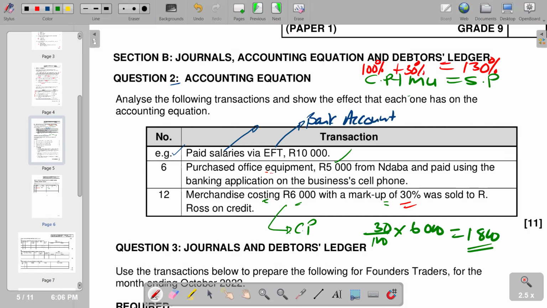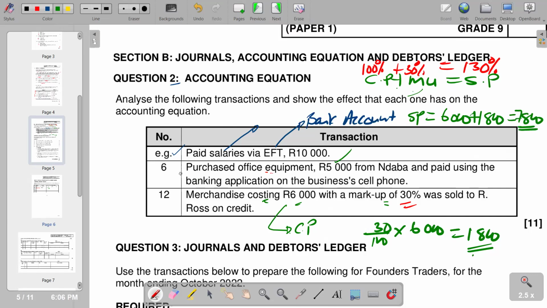So to get the selling price now, it means you are saying selling price is equal to the cost price plus markup. So cost price, I will give it 6,000. Then you add your markup, which we've calculated as 1,800. And you get a final answer of 7,800 as a selling price.